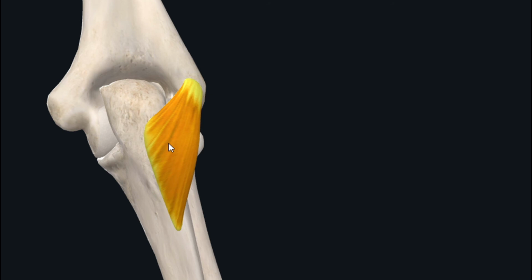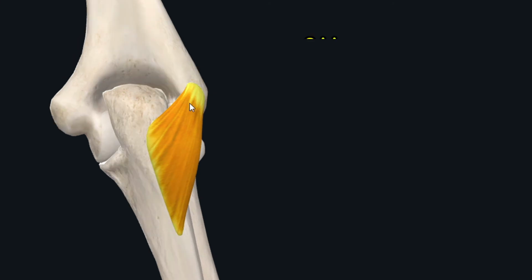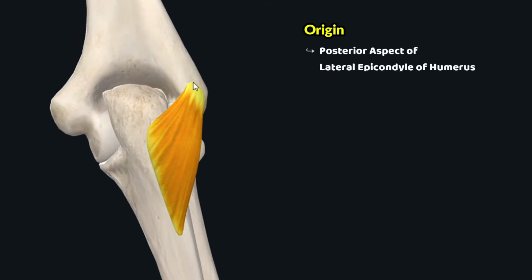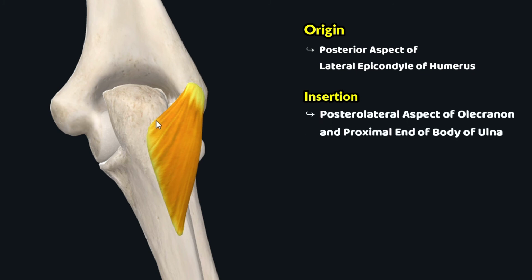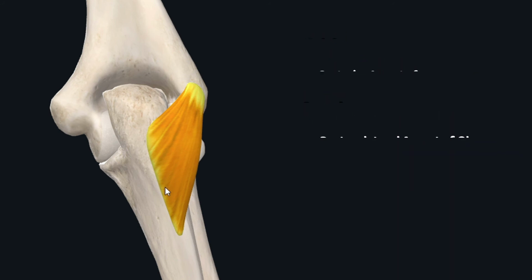If we talk about its origin, it has got its origin from the posterior aspect of the lateral epicondyle of the humerus, just superior to the attachment site of the common extensor tendon. And then after origin, the fibers of this muscle travel infero-medially to insert onto the posterolateral aspect of the olecranon and proximal end of the body of ulna, as you can see.